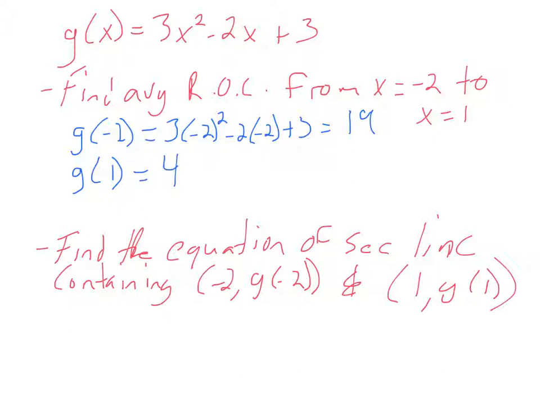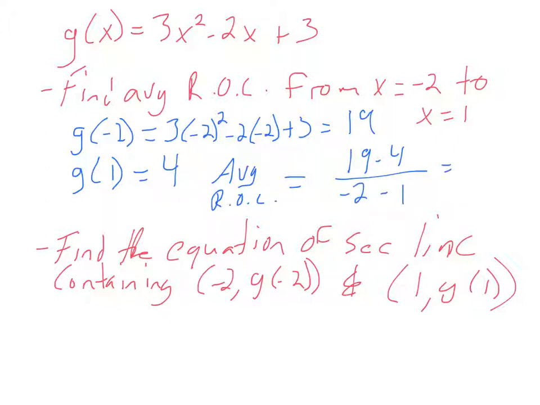So the average rate of change is going to be equal to 19 minus 4 over -2 minus 1.